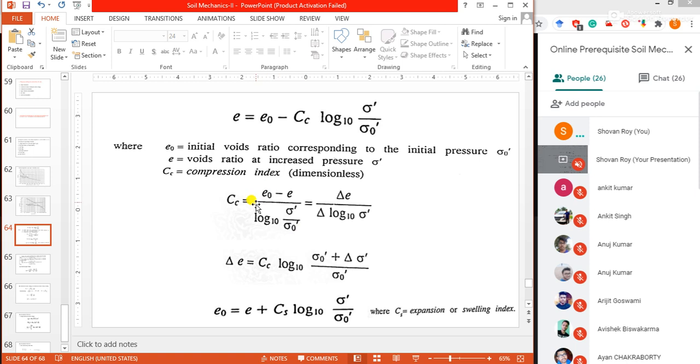Also we can convert this equation to incremental form: delta e, the incremental void ratio, by delta log 10 sigma dash, equals Cc. This is Cc, the compression index. Again we can express this equation as delta e, the changing void ratio, equals Cc log 10 base sigma 0 dash plus delta sigma dash by sigma 0 dash. Sigma 0 dash is the initial effective stress and delta sigma dash is the changing effective stress.